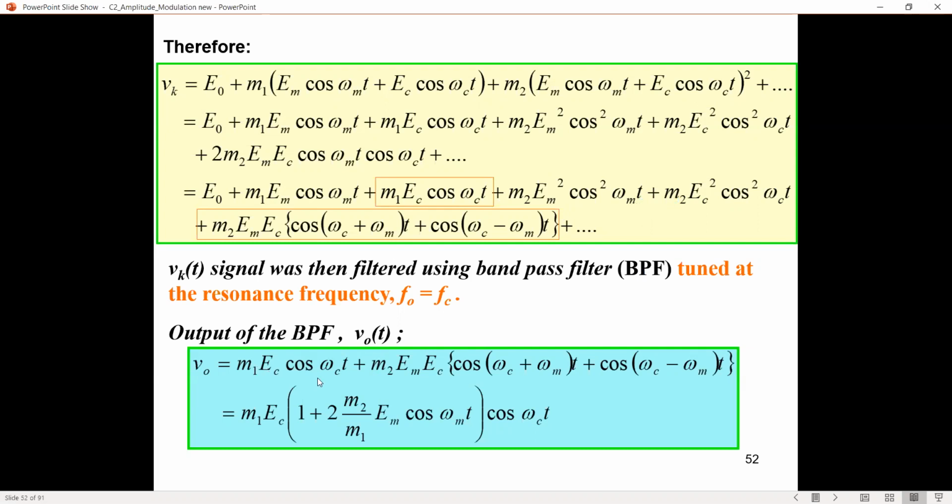If we rearrange, we take the EC out, M1 EC, then it becomes 1 plus 2 M2 over M1 EM cos omega M T times cos omega C T. We can notice that there are similarities with our original full AM signal.